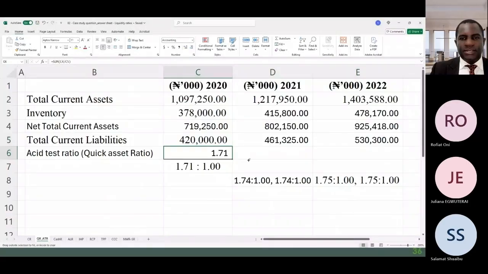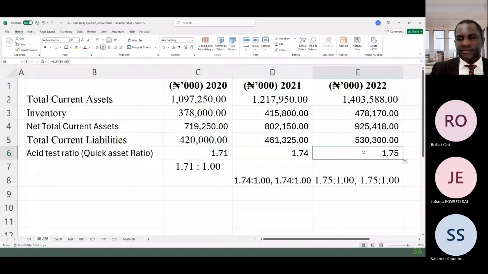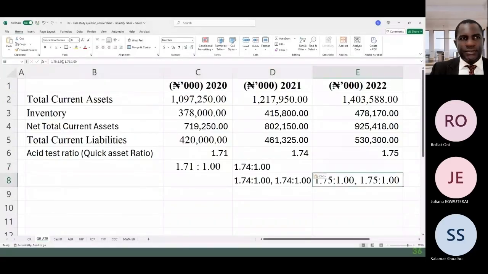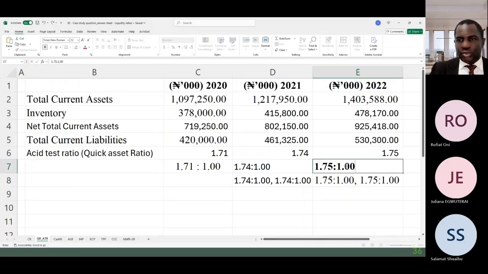And so let me see if it marries exactly 1.74, 1.75. So I agree with the two people, and we have 1.74 and 1.75.